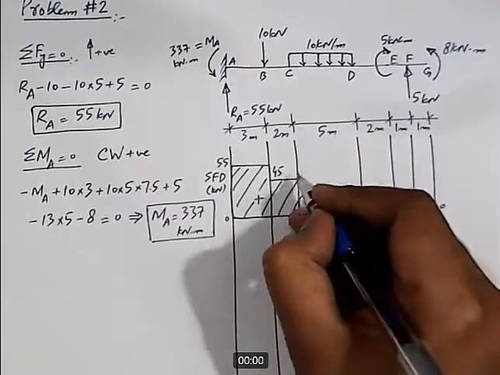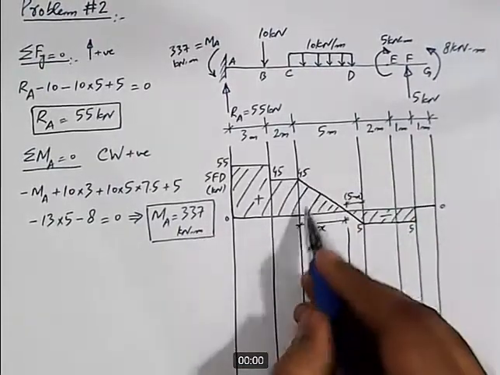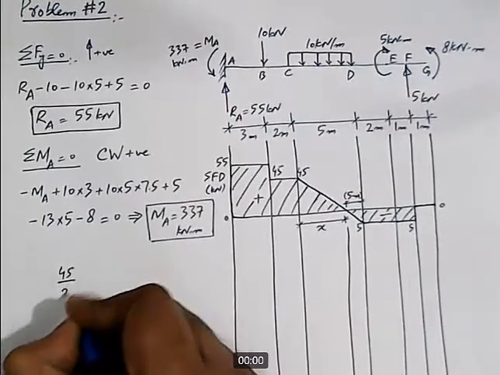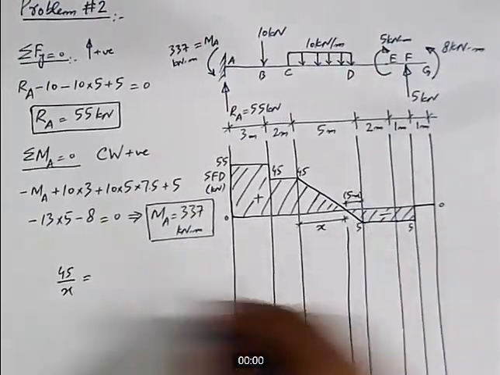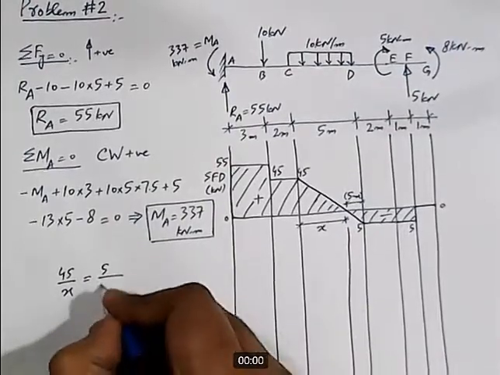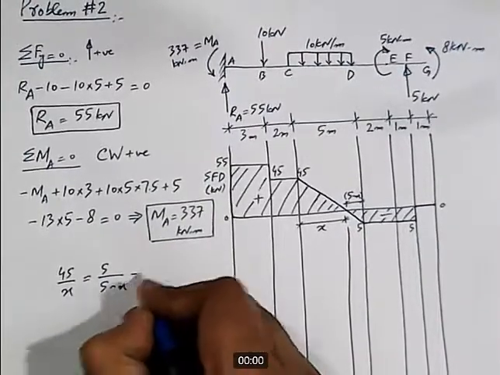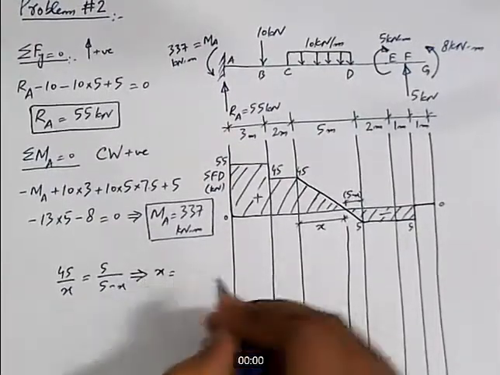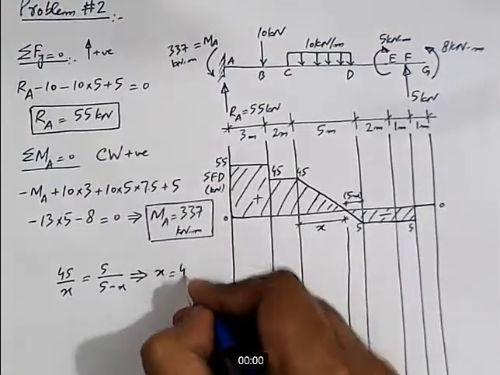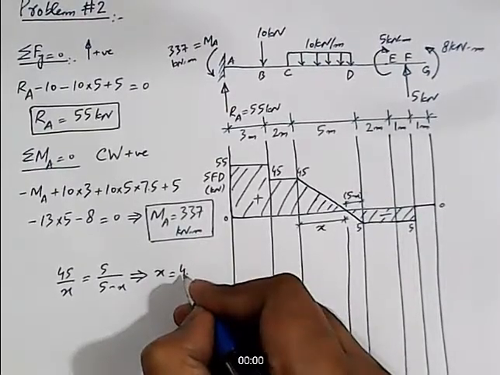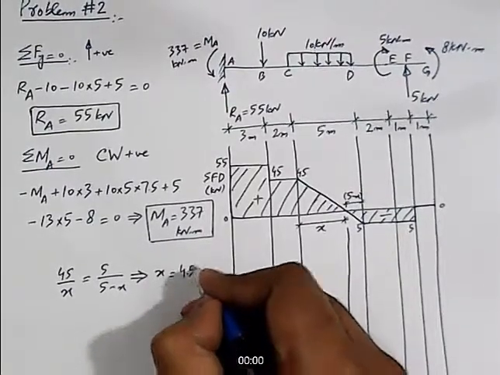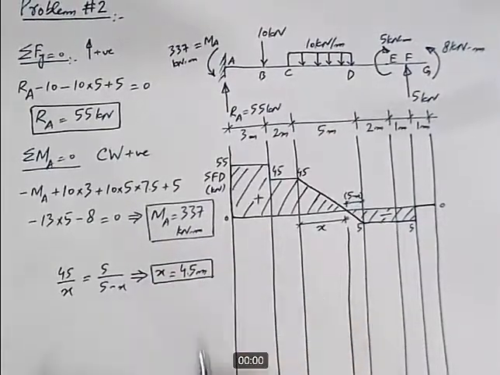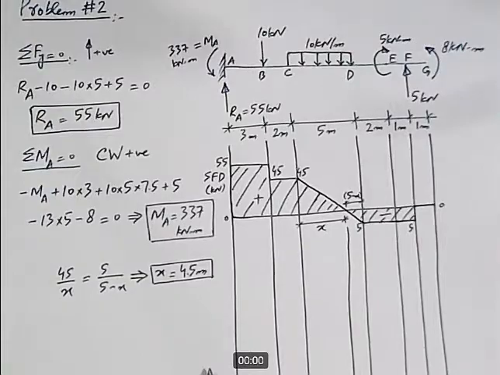This dimension is 45. 45 over x should be equal to 5 over 5 minus x. And if we solve this equation, we get x is equal to 4.5 meter. So x is equal to 4.5 meters.